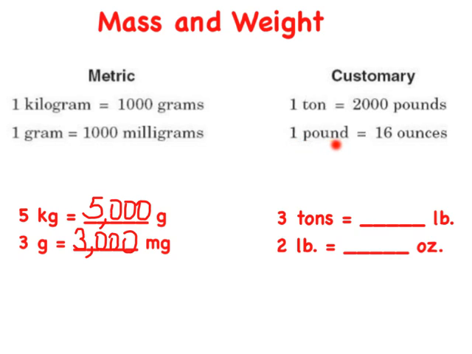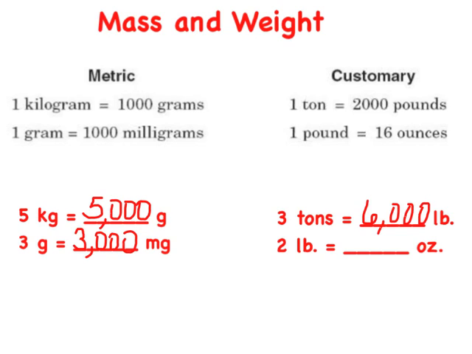And 1 pound equals 16 ounces. So if that's the case, then 3 tons is how many pounds? Well, 1 ton is 2,000. 2 tons would be 4,000. So 3 tons would be 6,000. Or I could multiply 2,000 times 3, and I'm still going to get 6,000.